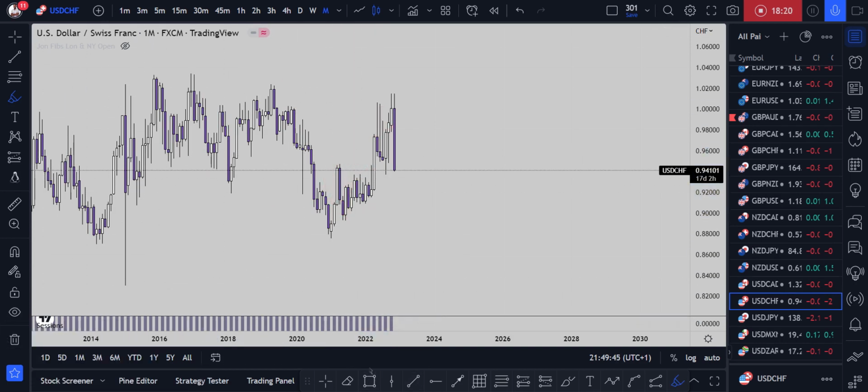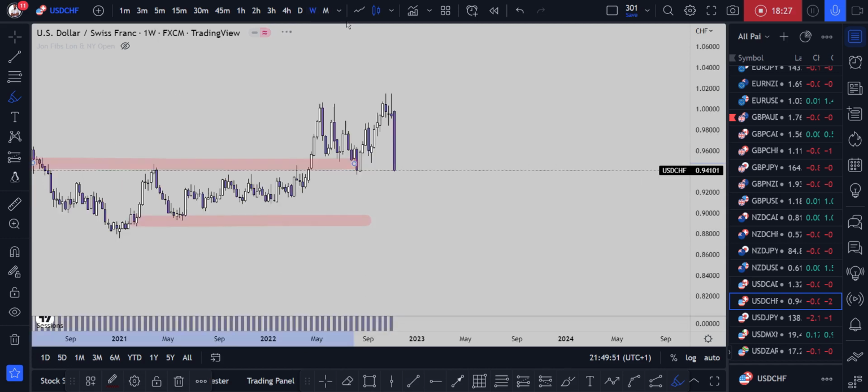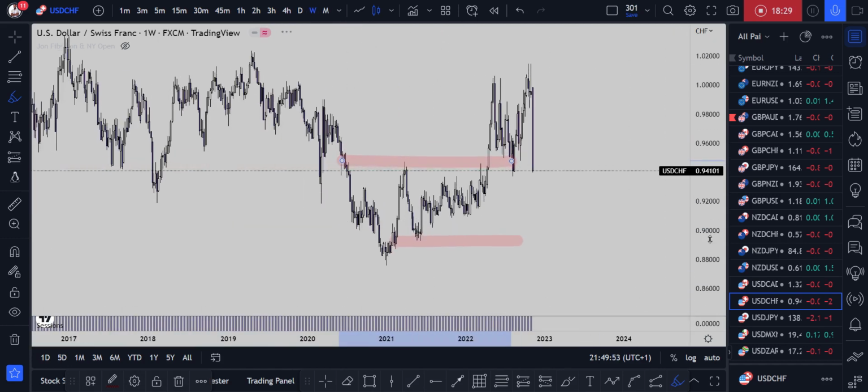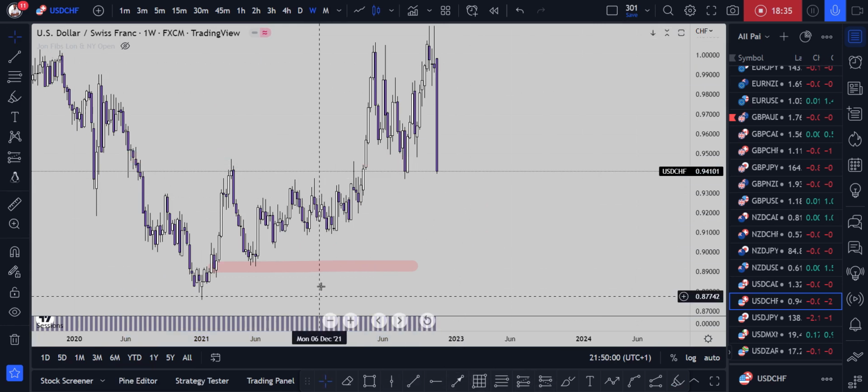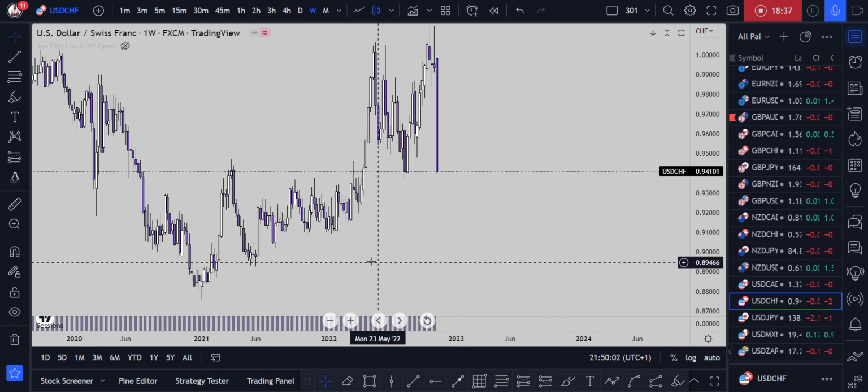So we could say, okay, let's still use that brush to identify this. Yeah, so it still remains that potential area.